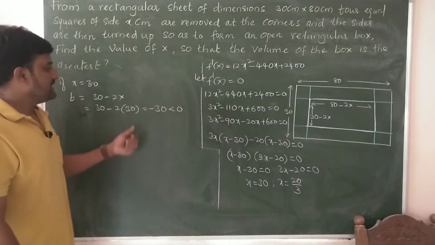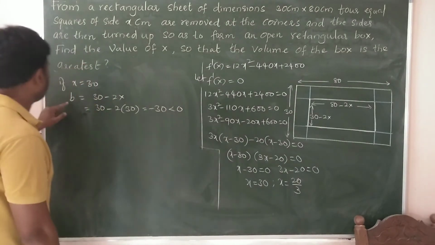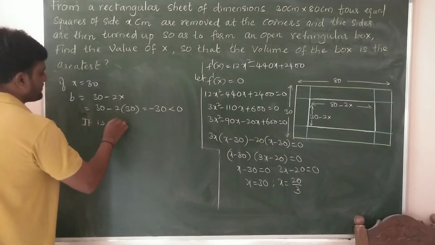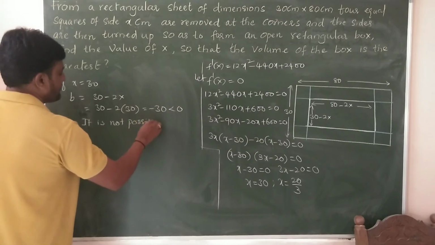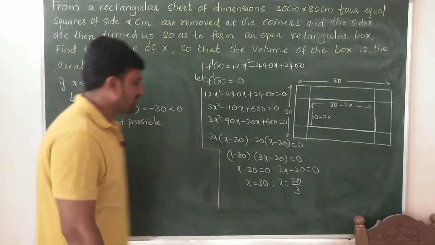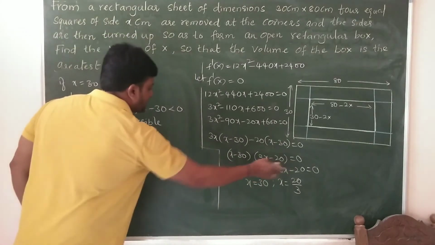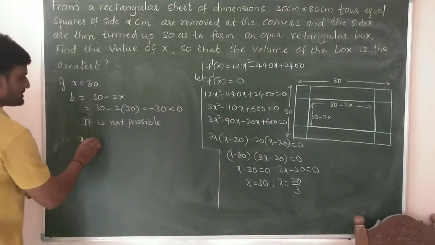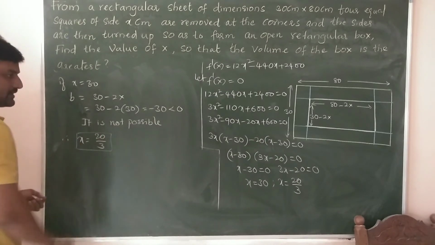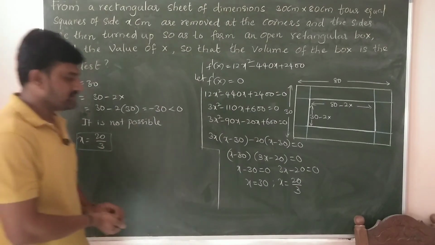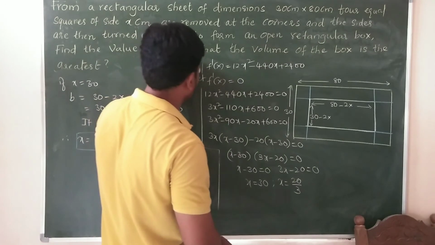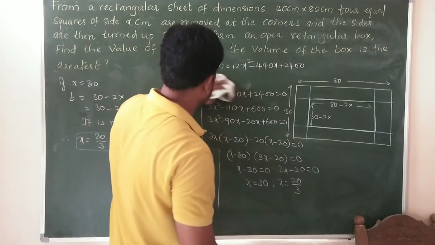This is not possible, because the width is always positive. We need a positive value. Therefore x equals 20 by 3 is our actual value, and we use x equals 20 by 3.